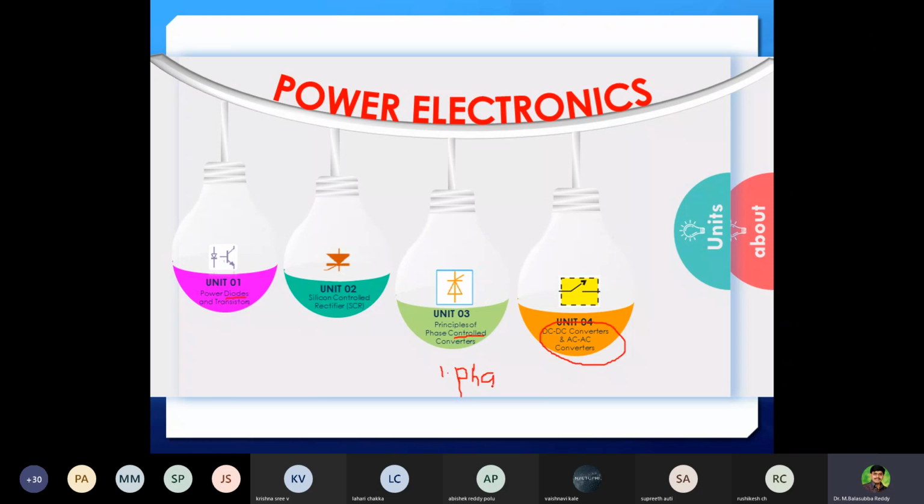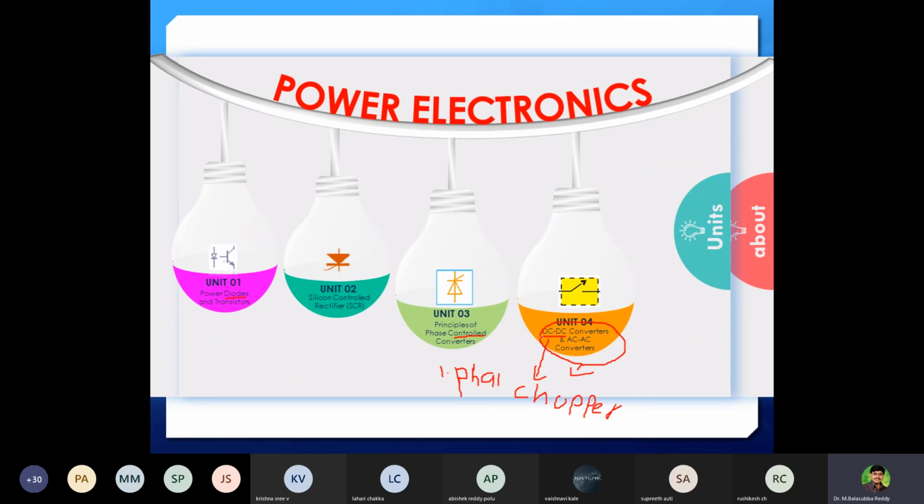Whereas here you can see different controllers in this unit, three controllers are there. One is DC to DC, which we call a chopper.